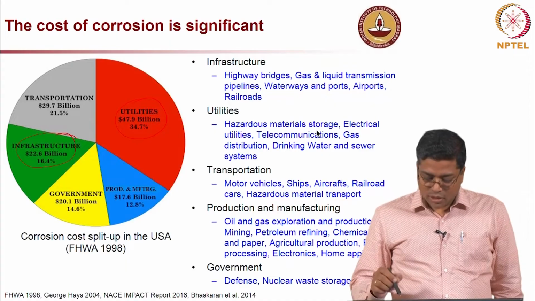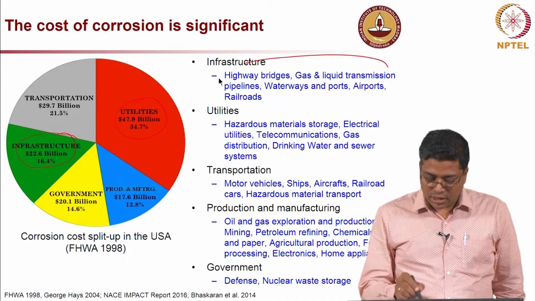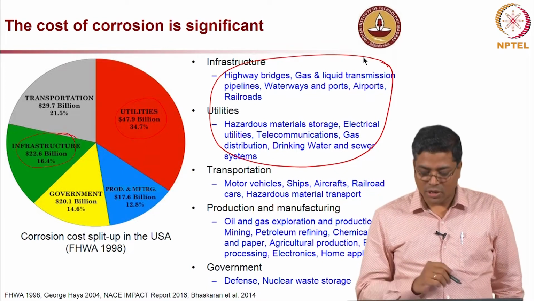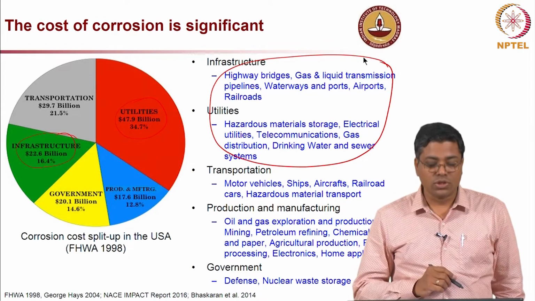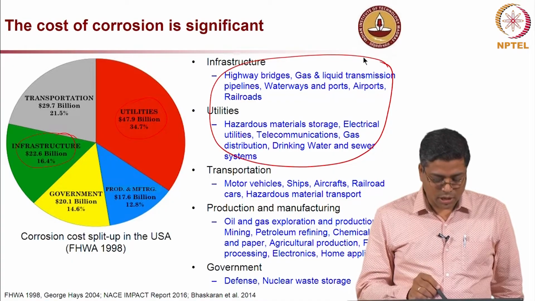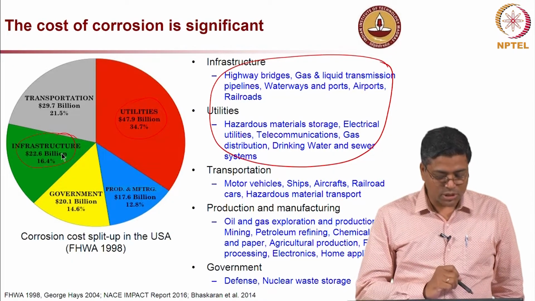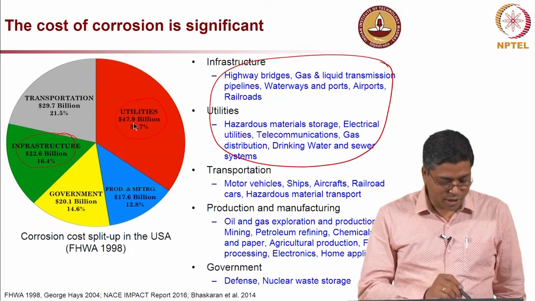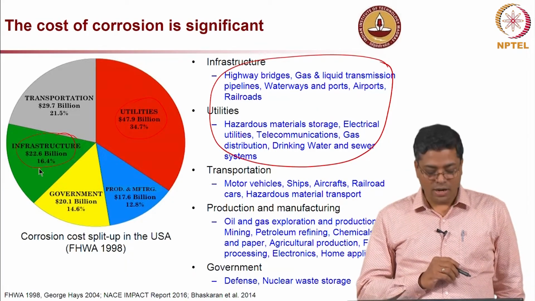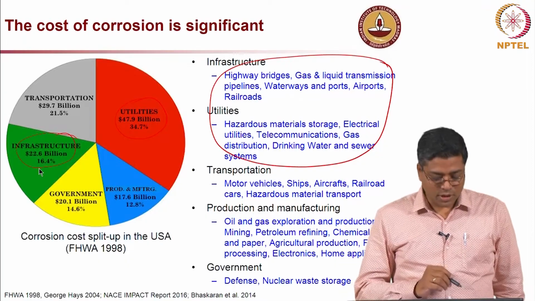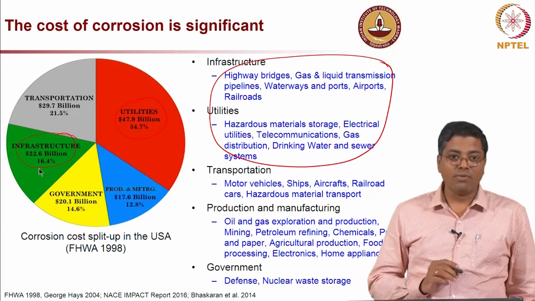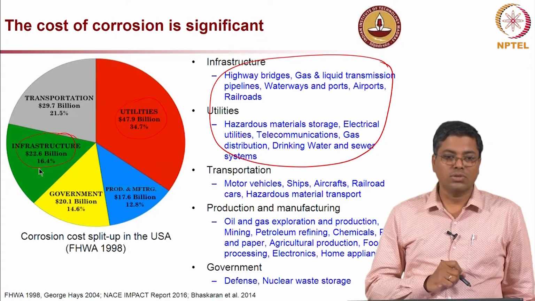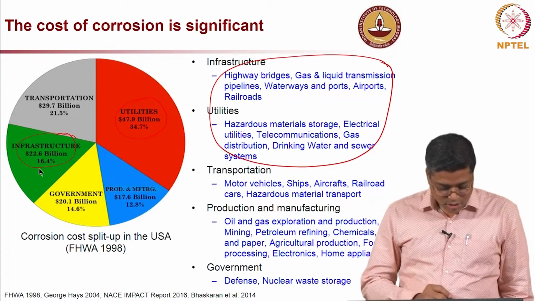And what I want to focus on here is, there are many concrete elements in these two, and if you put them together, utilities and transportation infrastructure, that comes to about 35 plus another 15, about 50% of the total cost of corrosion. So, we have a big job here to reduce this cost of corrosion associated with concrete structures.